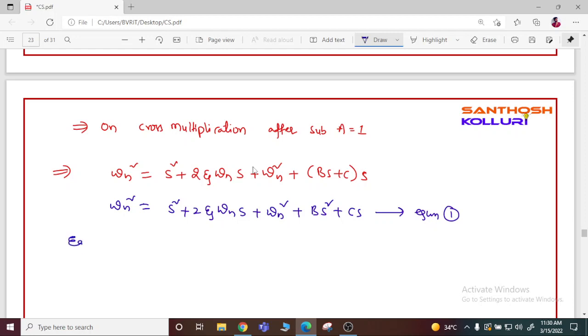So, equating the coefficients of s square on both sides, we get 0 is equal to 1 plus B. So B is equal to minus 1.